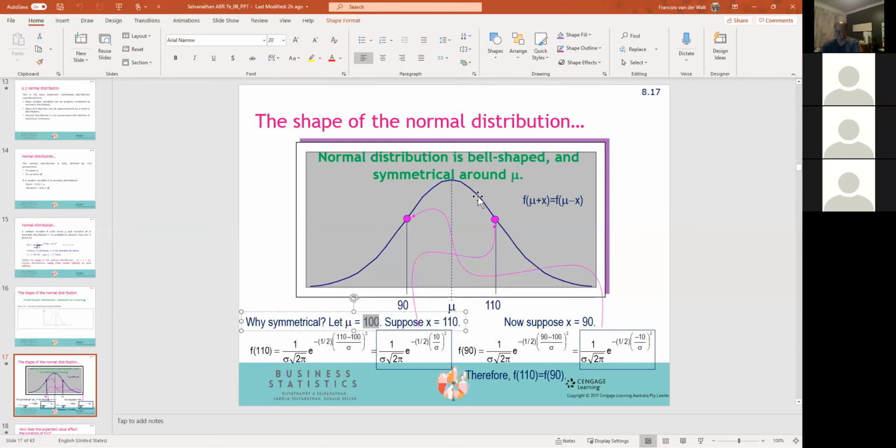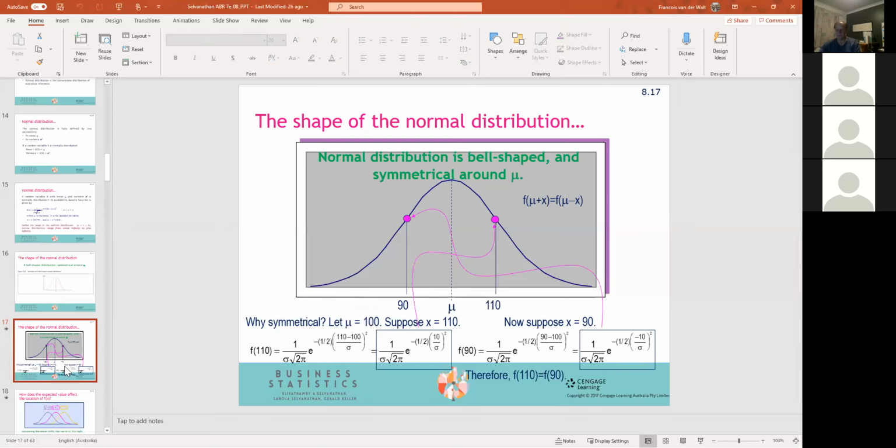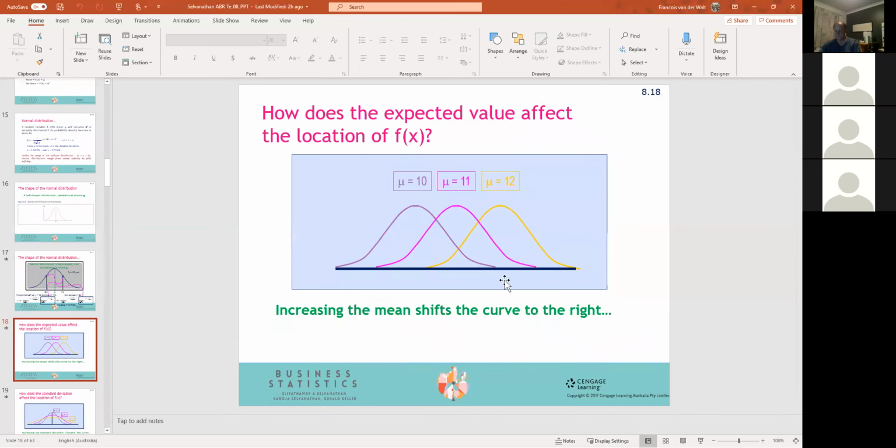This is just to show it's symmetrical. So if mu, which is the average, is 100 and 110, and you do this calculation, it comes up to the same answer as when it's 90. That's why we know it's a bit of a proof that it's symmetrical. You don't have to worry about it too much.